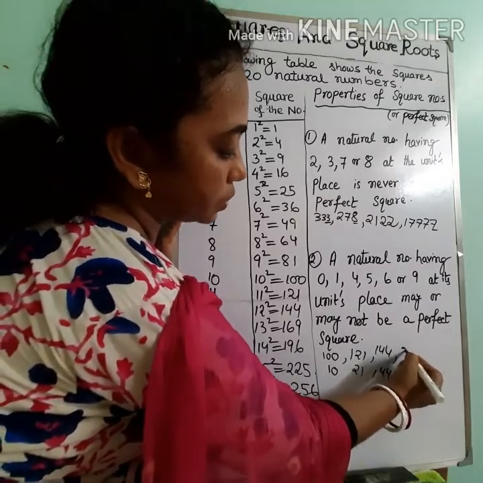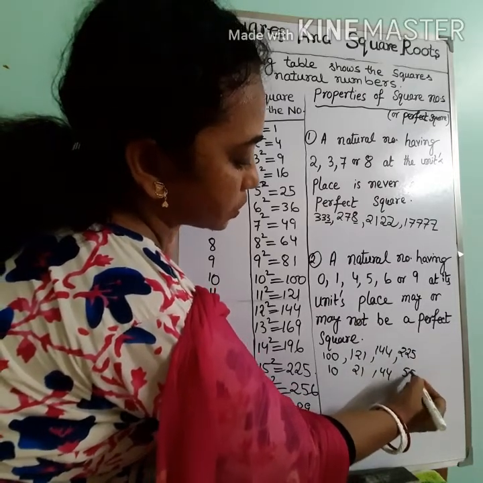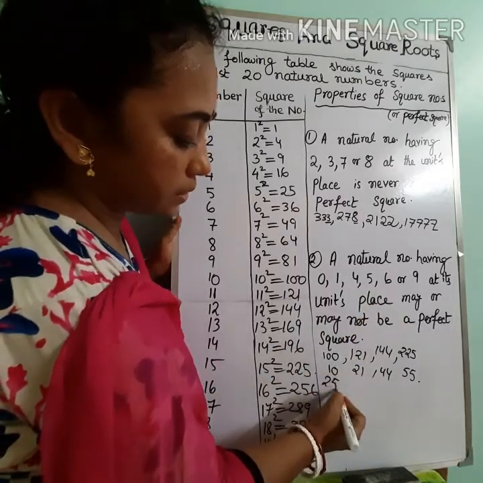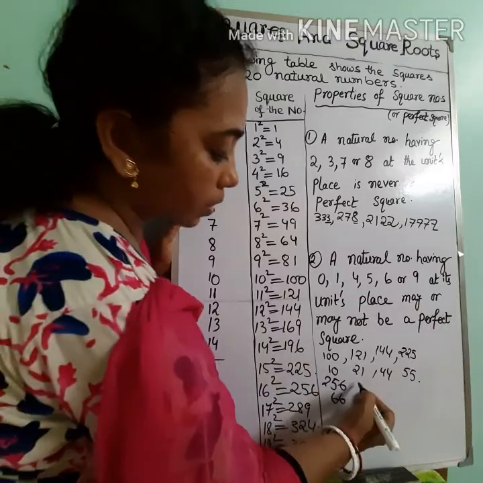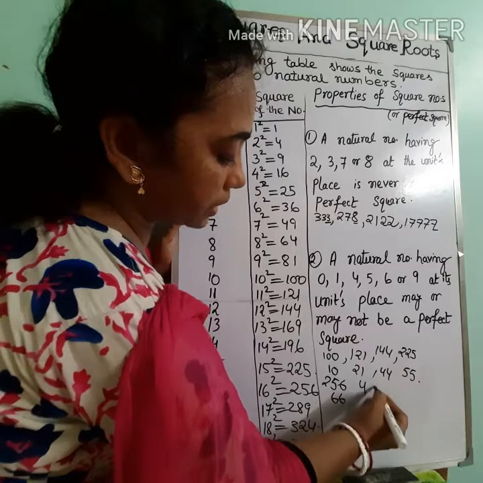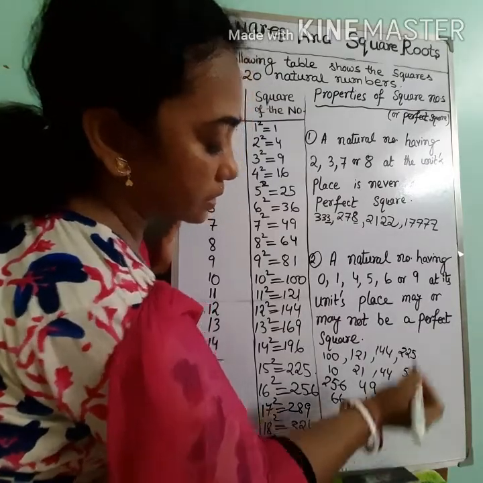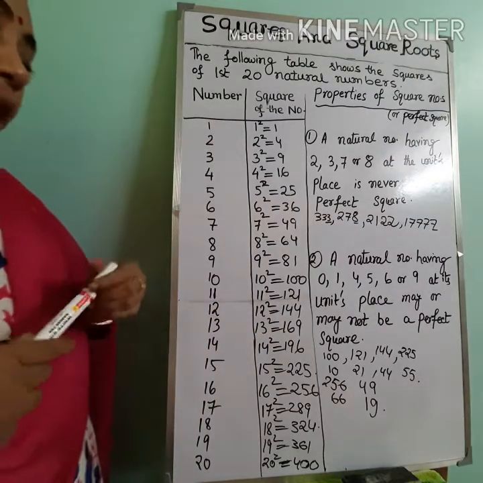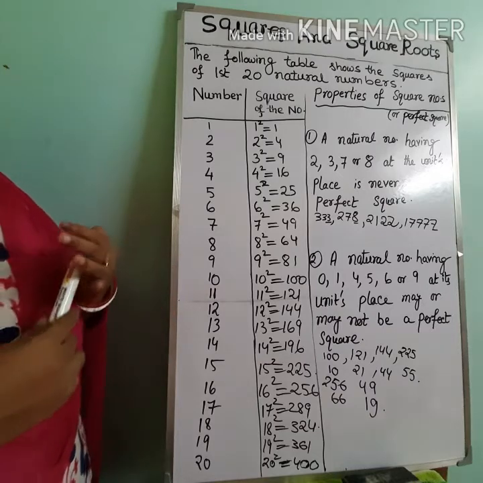Similarly 50, 225, yes it is a perfect square, but 55 is not. If I write 256, yes it is a perfect square, but 66 is not. Ending in 9, 49 is a perfect square, but 19 is not. So we will get many examples where many of them are perfect squares and many are not.